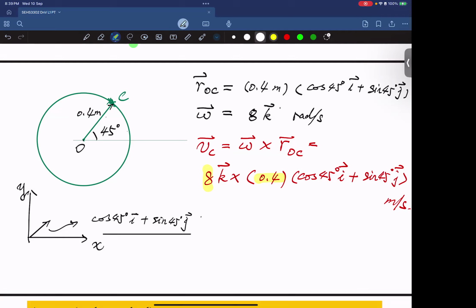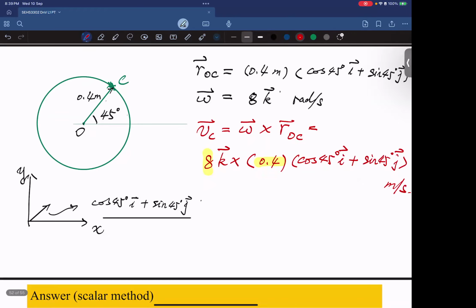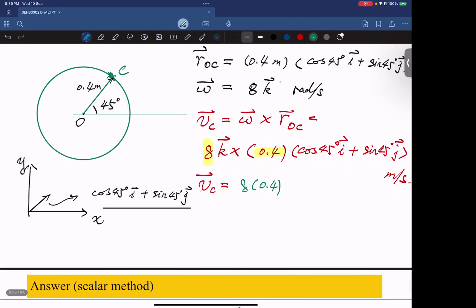This direction is the direction of omega, and this is the direction of the position vector. And then for the magnitude, we do the multiplication. So VC, for the magnitude, we use a green color. So 8 times 0.4. For the direction, we just highlight in green. This direction cross this direction, right? So we can see the cross product here.